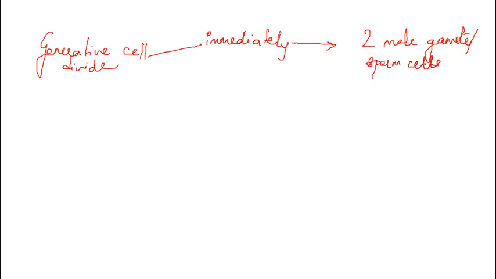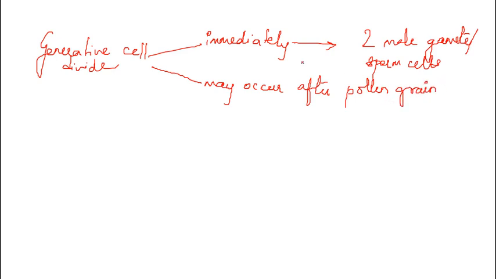Or the second mitotic division, meaning the formation of two male gametes, can occur after pollen germination. So remember, they can be shed at the two-cell stage or the three-cell stage. If they divide immediately, they form two male gametes, or it may occur after the pollen grain germinates.